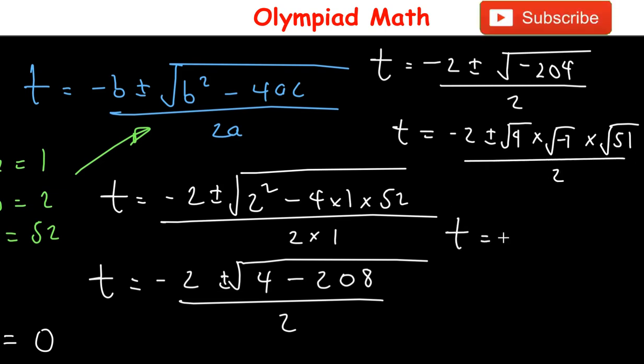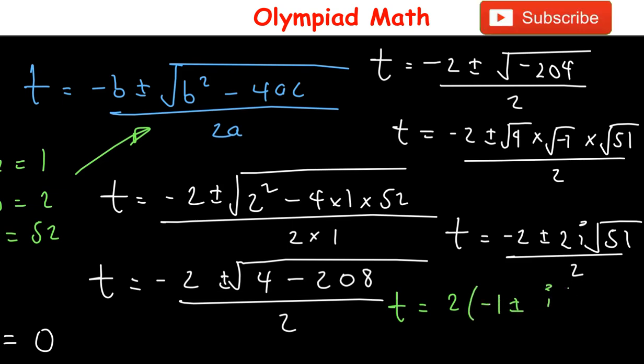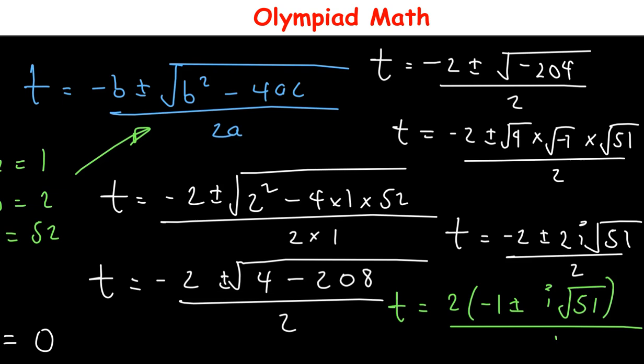So t equals minus 2 plus or minus square root of 4 is 2, square root of minus 1 is i, times square root of 51 divided by 2. So looking at the numerator, we have a common factor 2. Factorize out 2. The value of t equals 2 into bracket minus 1 plus or minus i times square root of 51, and this is divided by 2.